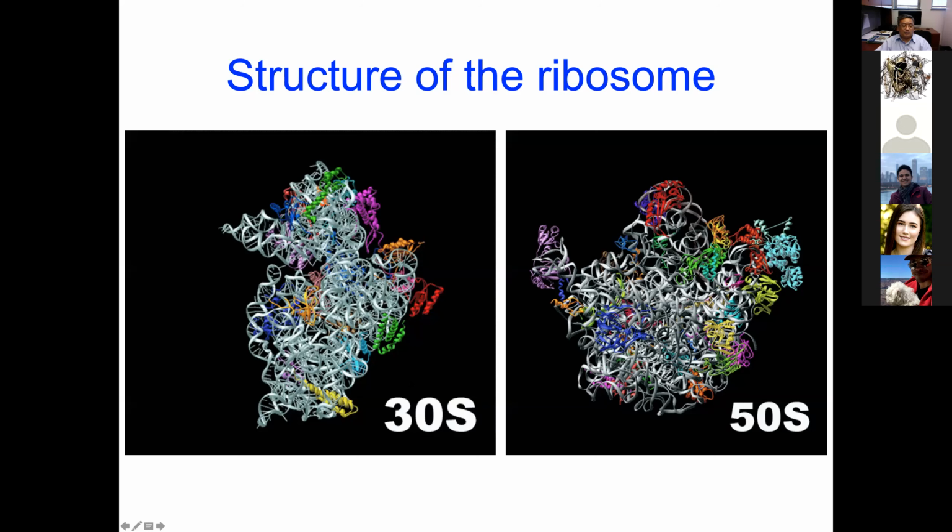Similarly, you see the 30S subunit, and the grayish regions are the 16S ribosomal RNA. It folds into a very complicated three-dimensional structure and serves as a scaffold to allow many of those proteins to bind. Eventually it combines with the large subunit and forms a functional ribosome.